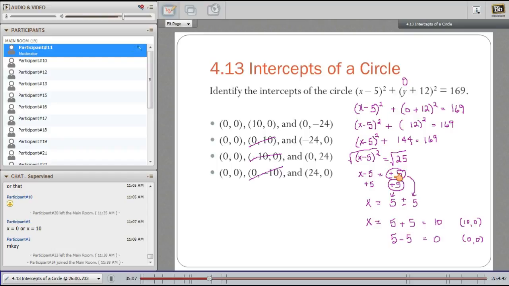Then I want to get x by itself, so I added 5 so that these 5s cancel on the left. And then I also have to do the same thing on the right. And then I write 5 plus or minus, because the plus or minus is still here from the square root part of the problem, plus or minus 5. And that's where you get the two answers of 10 and 0. 5 plus 5 is 10. 5 minus 5 is 0.